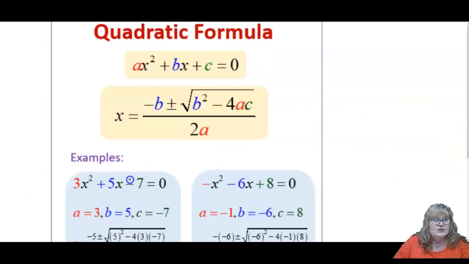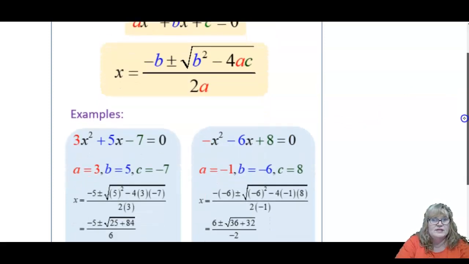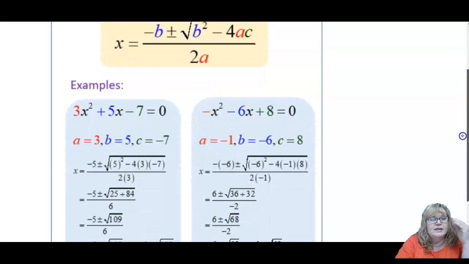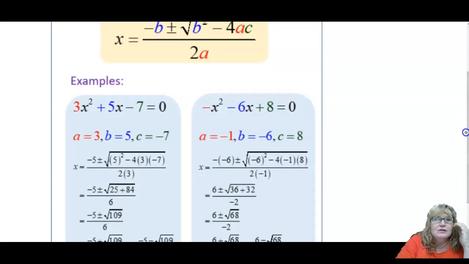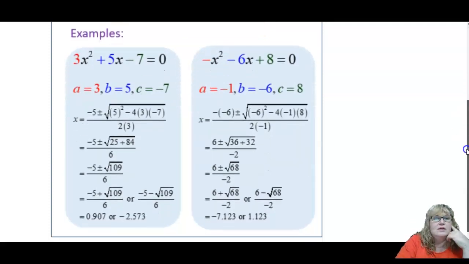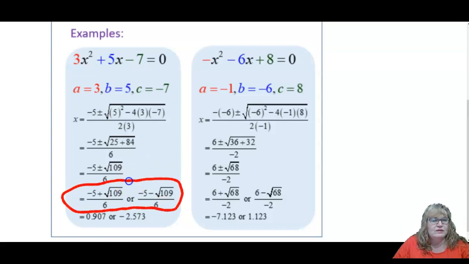All right, since I know you've seen this before, I'm just going to quickly get into some examples. I will leave this slide in. Here's an example worked out, with some color coding and some parentheses. Notice it came out 109 in here, and so they ended up with 2 solutions, and this is generally how we would leave our answers for pre-calc.